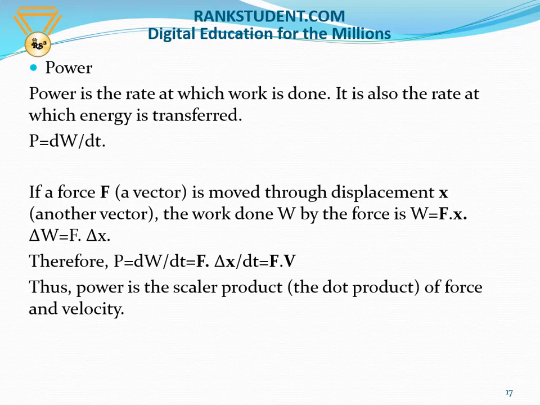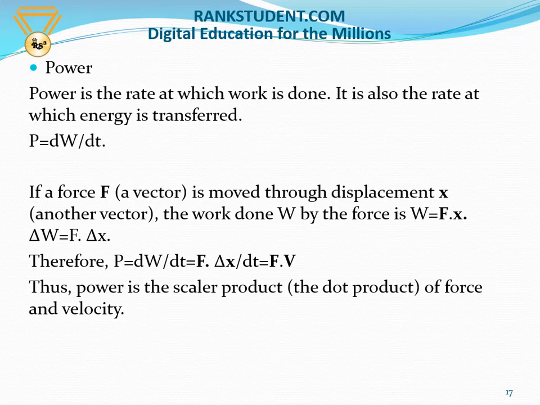What is power? In physics, power is the rate at which work is done. It is also the rate at which energy is transferred. P equals dW by dt. If a force F, which is a vector, is moved through displacement x, which is another vector, the work done W by the force is W equals F dot x.